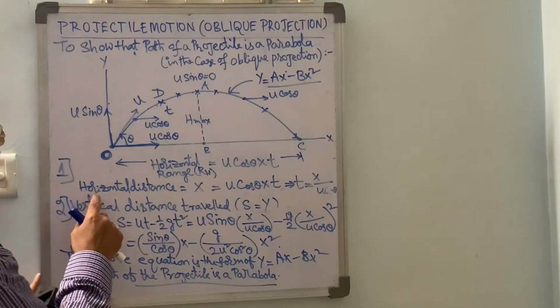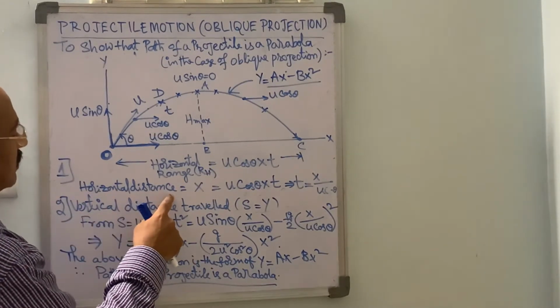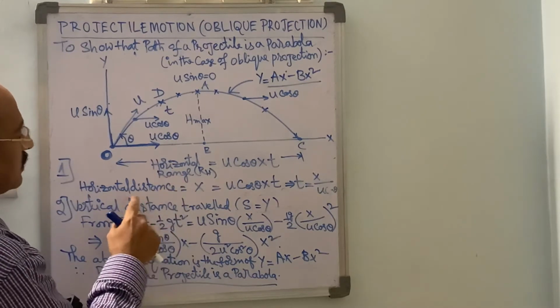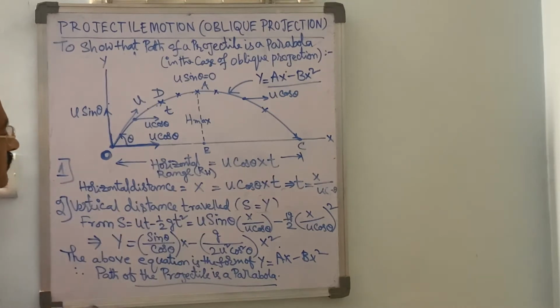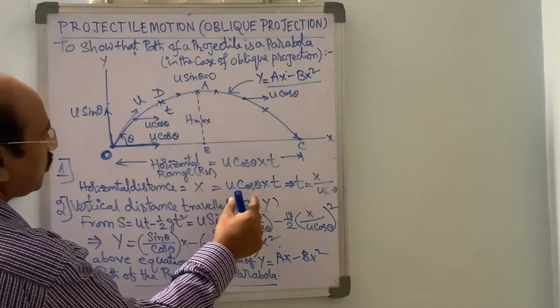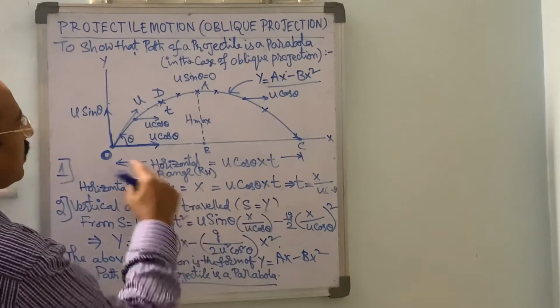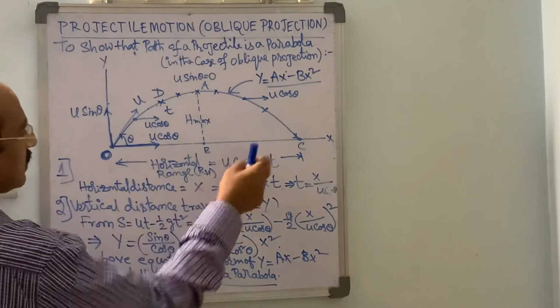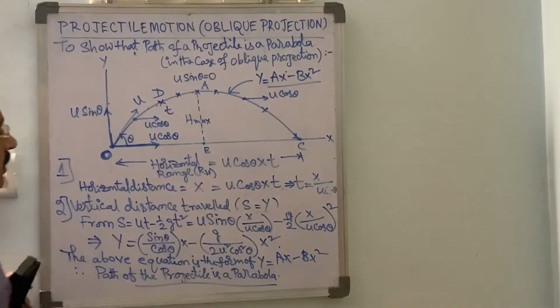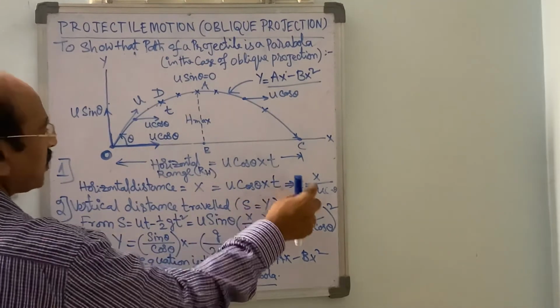What is here? The horizontal distance travelled is also known as the horizontal range. Let it be x. OC is equal to x, equal to u cos theta into t. In t seconds, suppose it reaches C, then x equals u cos theta into t, or t equal to x by u cos theta.